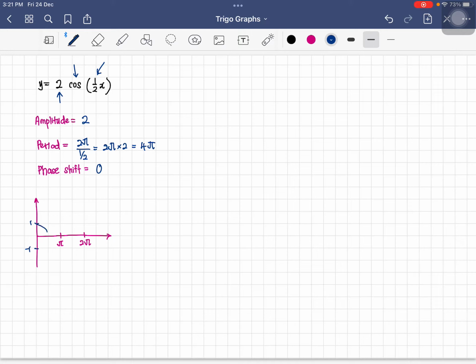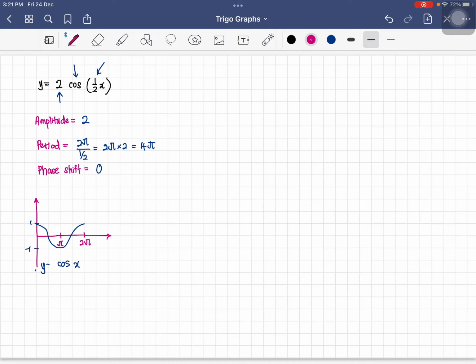So this is your basic graph, which is cos of x. But what we are going to draw is actually 2 cos half of x. You should know that your amplitude is actually 2. So instead of 1, it should be 2 here. It will be something like that.